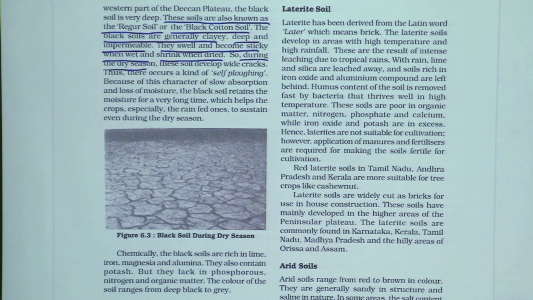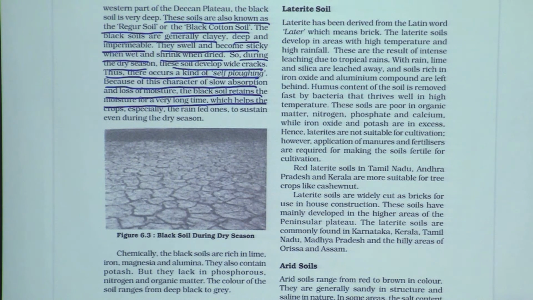So, during the dry season, these soils develop wide cracks. Thus, there occurs a kind of self-ploughing because of this characteristic of slow absorption and loss of moisture. Black soil retains moisture for a very long time, which helps the crops, especially the rain-fed ones, to sustain even during the drier season.